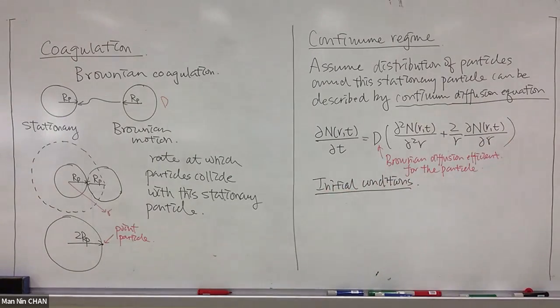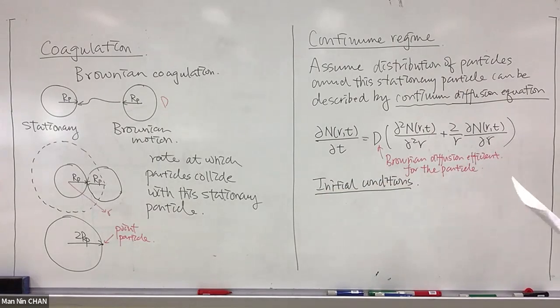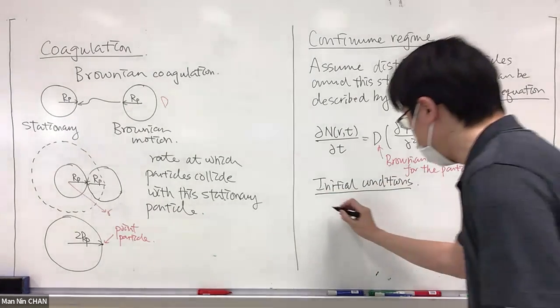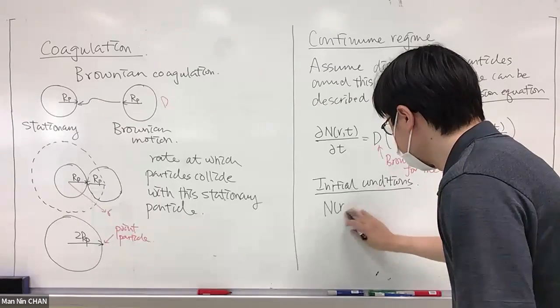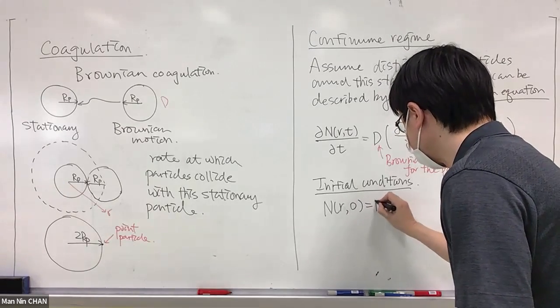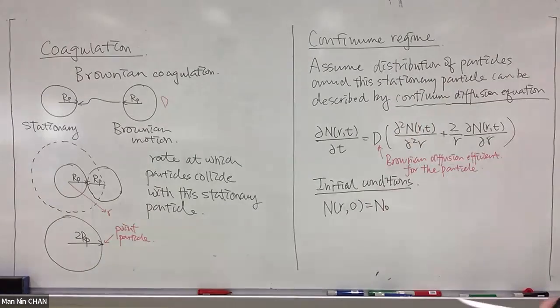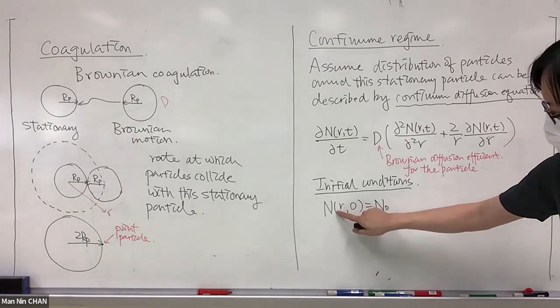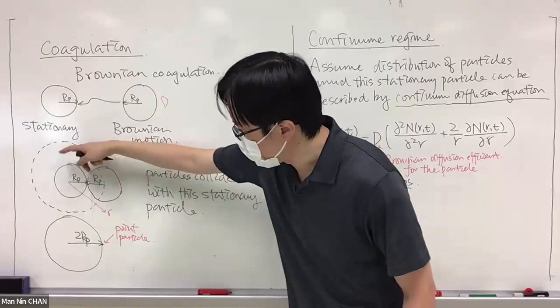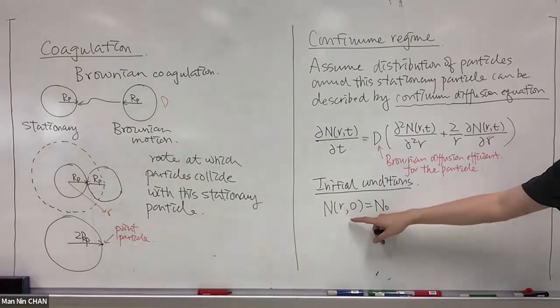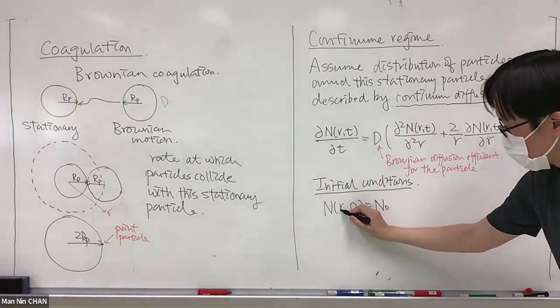The first is n(R, 0) equal to n naught, where n naught is your initial concentration along the R coordinate, along the radius, at time equal to 0.